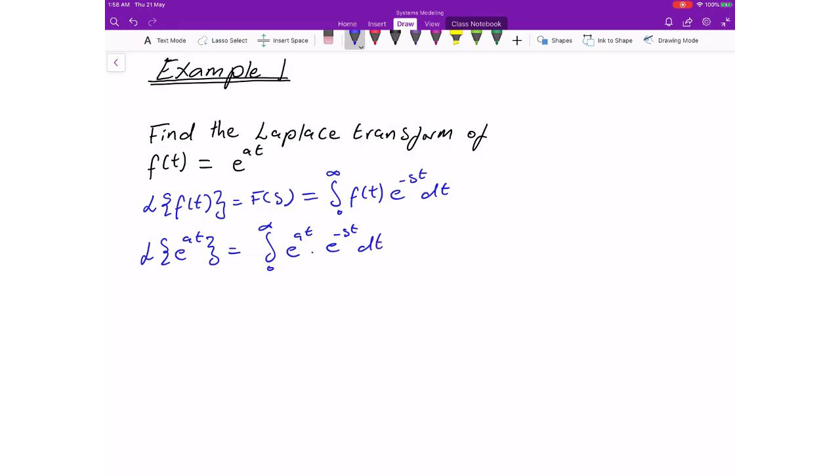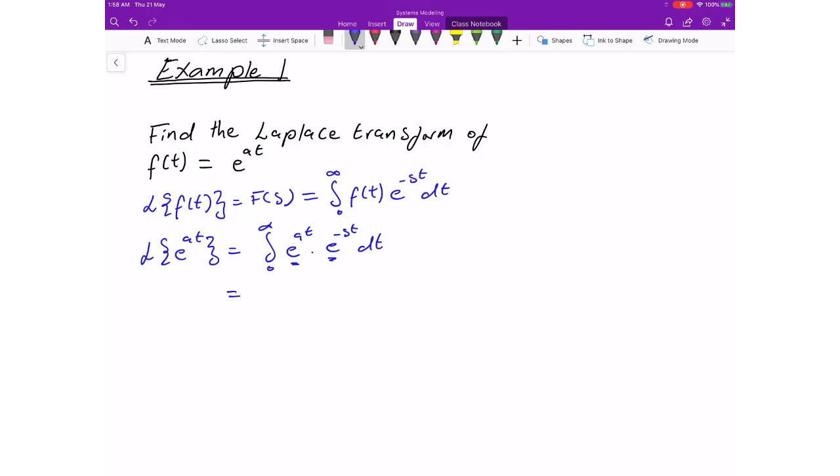Now note, here we have two exponentials. So we can just combine the exponents because the exponentials are multiplied together. These two exponentials, just basic mathematics.